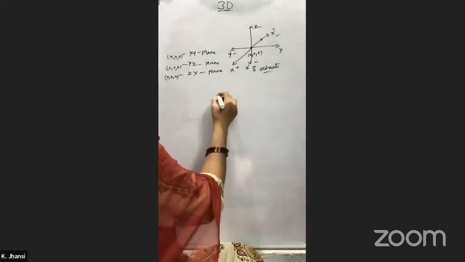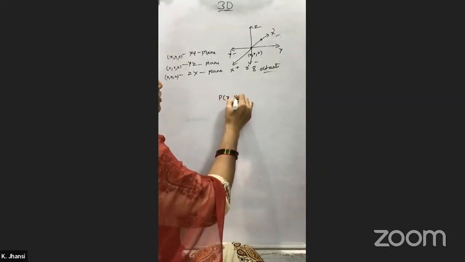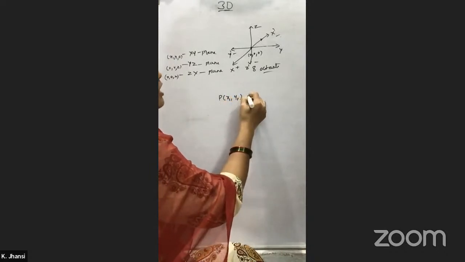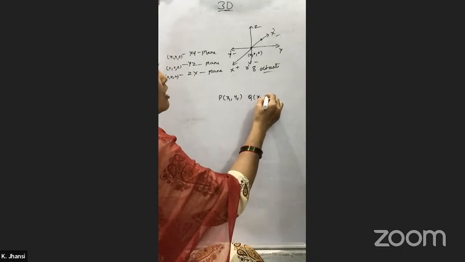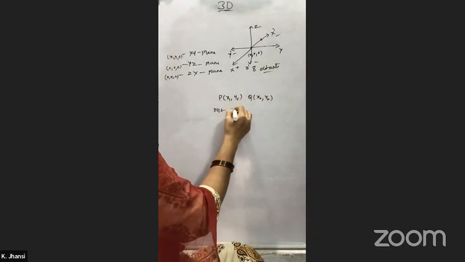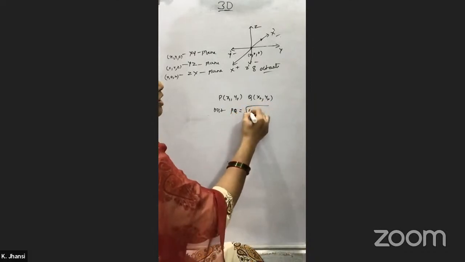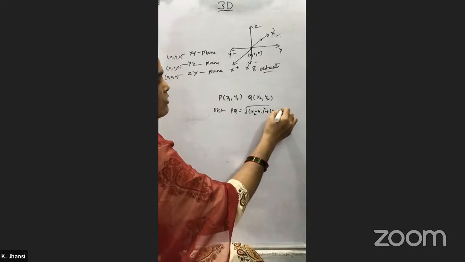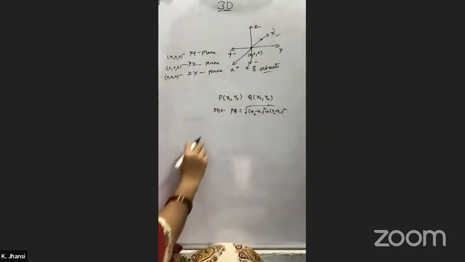P is any point, say P (x1, y1) and Q (x2, y2). The distance between these two, PQ, is equal to the square root of (x2 minus x1) whole square plus (y2 minus y1) whole square. This you have seen in 2D.